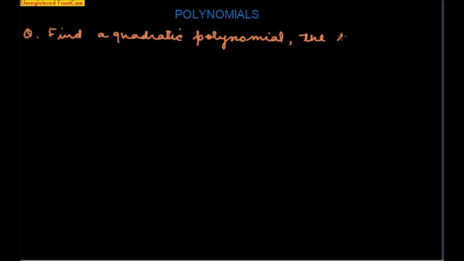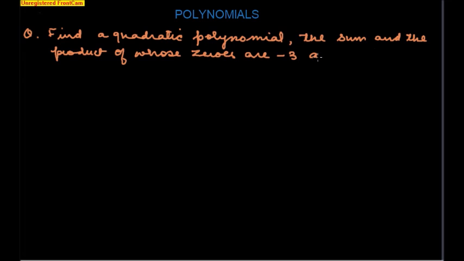Question says, find a quadratic polynomial the sum and the product of whose zeros are minus 3 and 2 respectively.